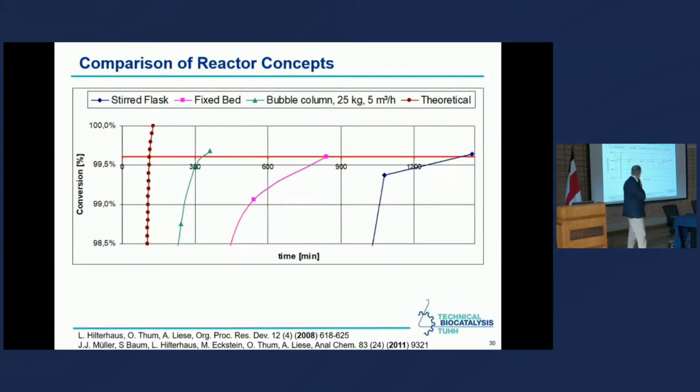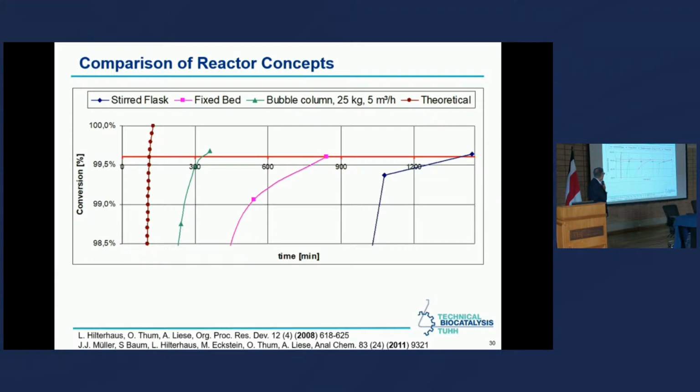Now we see here conversion, you already know what that term is, as a function of the reaction time. On the right side, we see the result for just the last 2%, 1.5%, because the customer the product is sold to, to formulate skincare cosmetics, needs 99.8% conversion. The question is, how fast can we reach it?